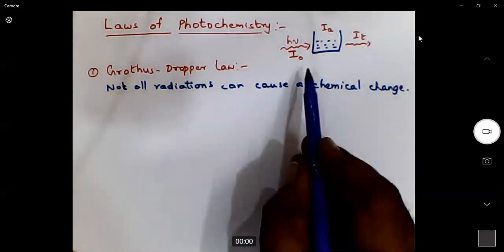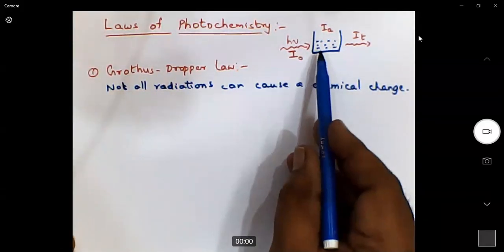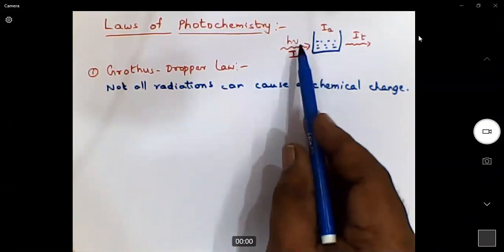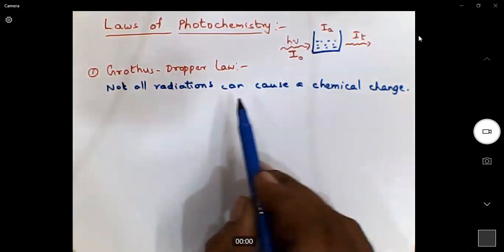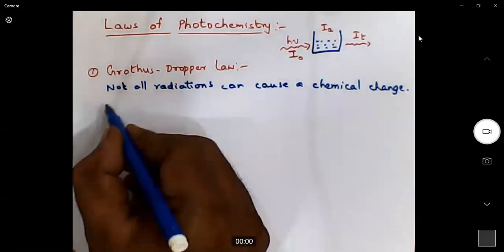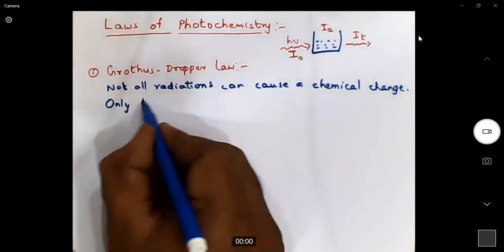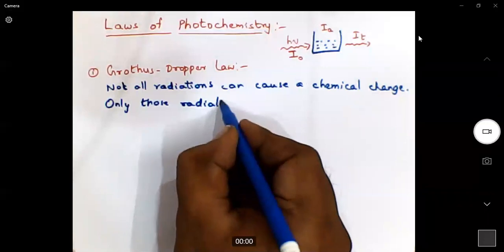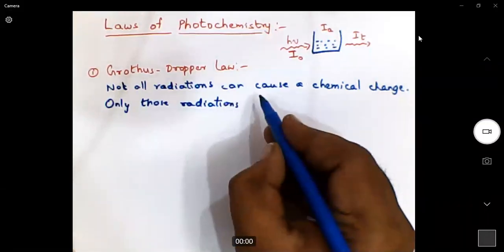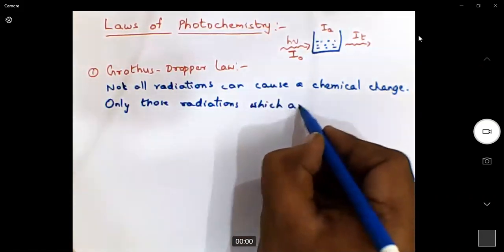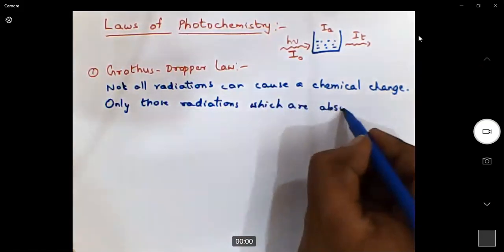When we pass light onto the material, the entire spectrum of light that we are passing will not result in a chemical reaction.